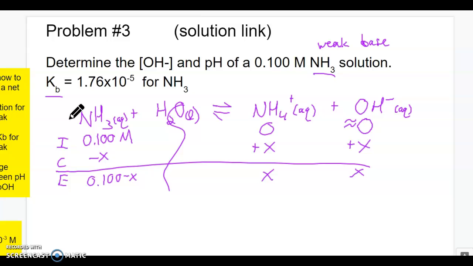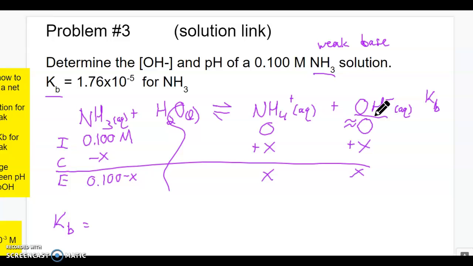Now that I have that, I can use my equilibrium expression and equilibrium value to figure this out. Something I want to check though, this says Kb. If it says Kb, I need to check my net ionic equation, and it should have OH minus as a product. It does, so this is a Kb equation. I can use it, okay?